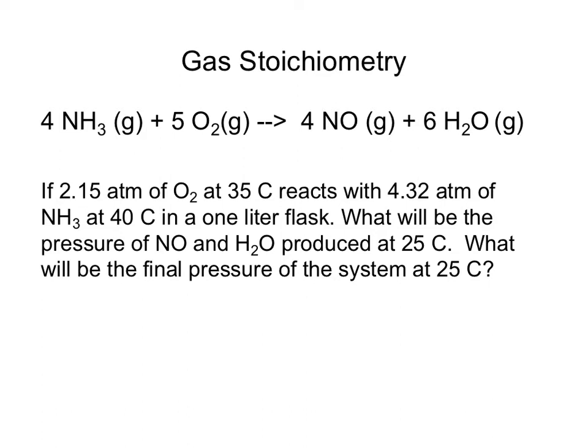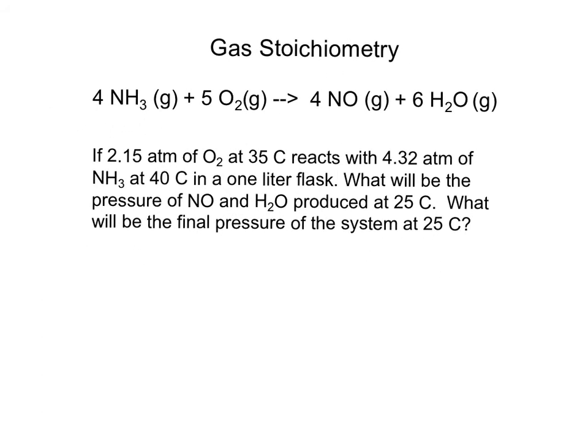That's what I meant to say. And so you could do PV equals nRT to get moles, PV equals nRT to get moles, and so on. And then you look at the coefficient ratio for the mole ratio. So to calculate amounts of product formed and amount of one of these that's left over, because the other one's going to be the limiting reactant. All right, that's a lot, and we will just dive right into it.